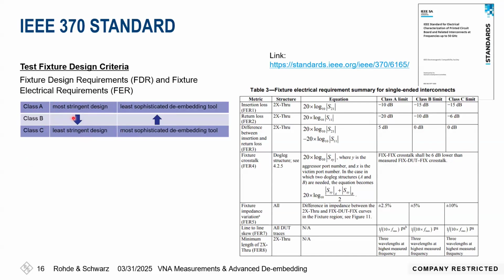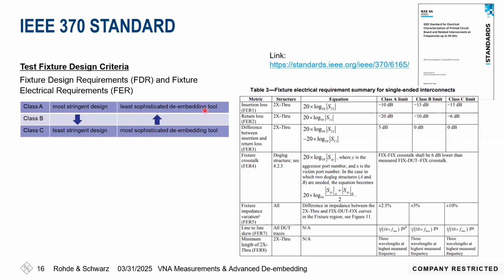Now, if we have these different classes of coupons, of course the de-embedding would be different with all these specifications of the coupons. Then what comes into play is the de-embedding tool, like the advanced de-embedding tool that corrects for the behavior of these coupons. When we have class A, because it is so nicely designed, the de-embedding tool could be less sophisticated.